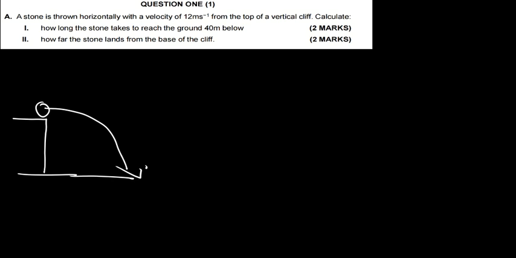Now I want you guys to understand one thing. We are saying that the object is moving in both x and y axis. So when an object is moving in x direction, we call this horizontal.